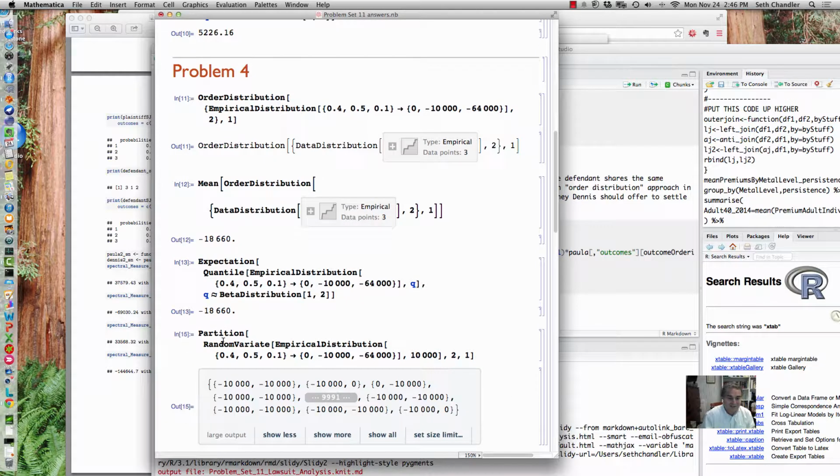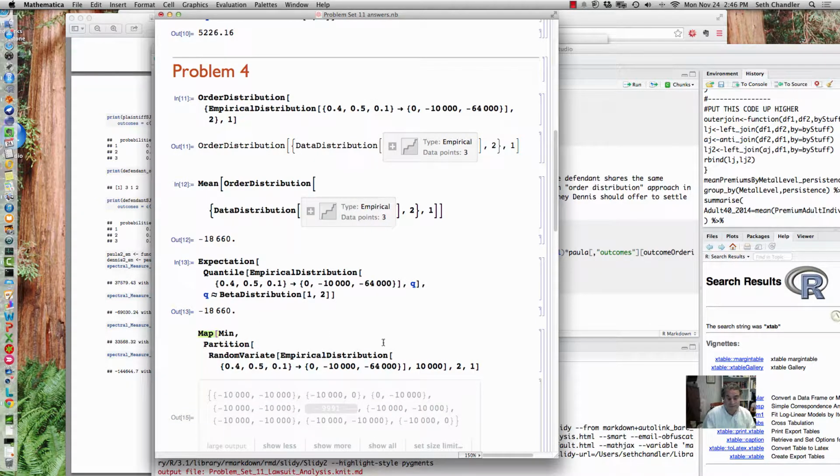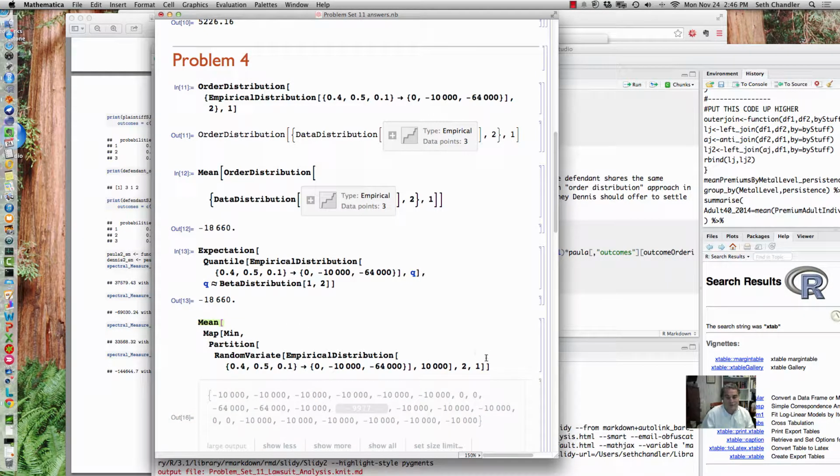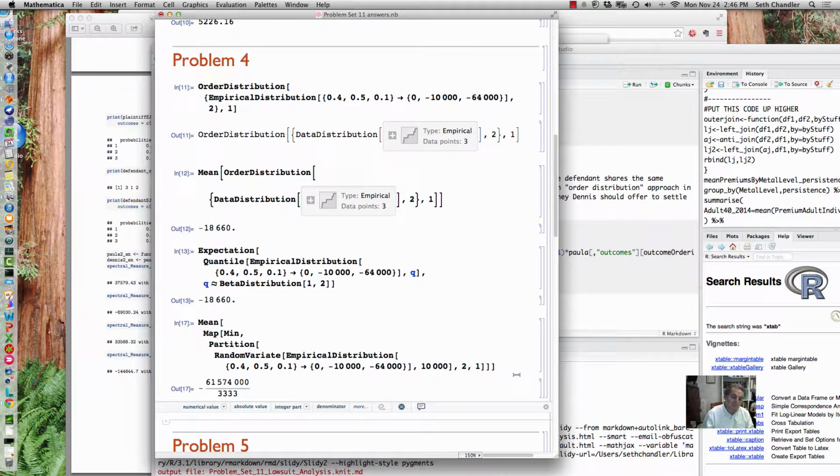So we do that. And here are our pairs. Now what I want to do is take the worst of all of these. So I'll take the minimum and map that onto this. So those are the worst cases of each of my draws, and then we'll just take the mean value of this list, and if all goes well, it's exactly 61,574,000.